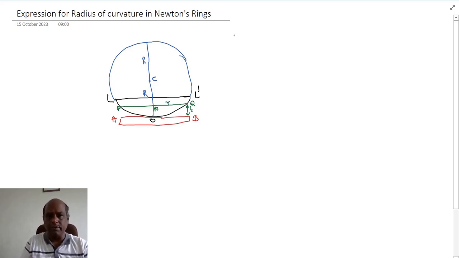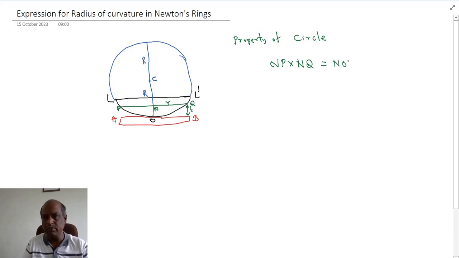From the property of circle, what we can write is NP into NQ is equal to NO into ND, right?